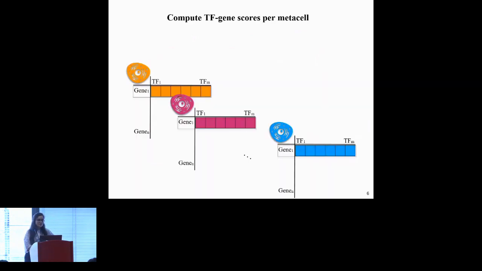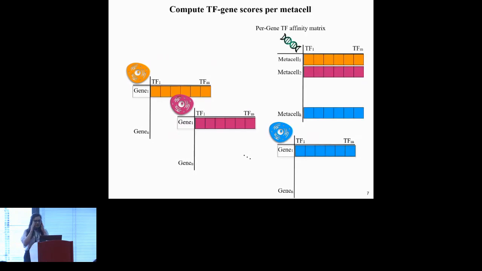As I mentioned, we got these matrices from STAIR, which are genes times TFs per meta cell. And then we reshape these matrices to get, for each gene, a matrix of meta cells times TFs.